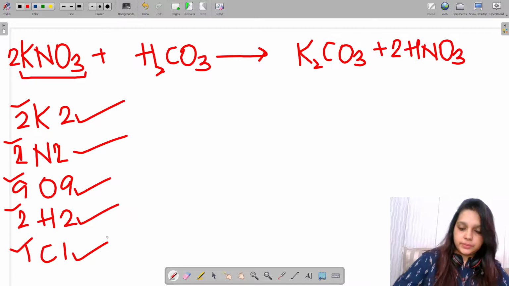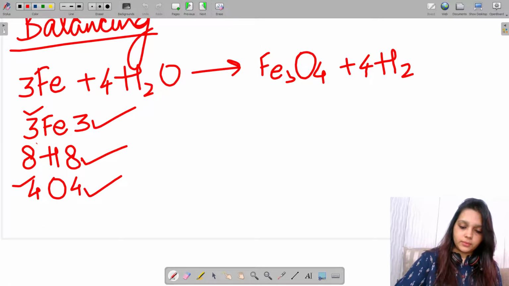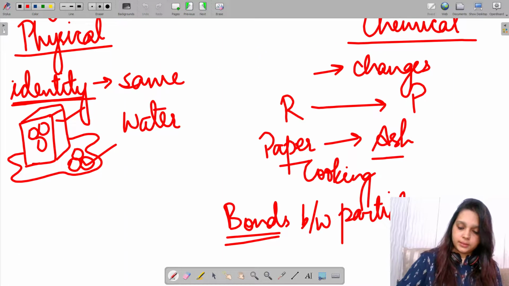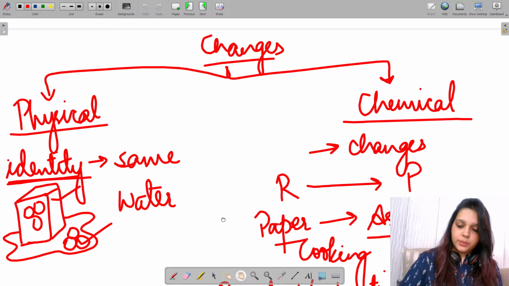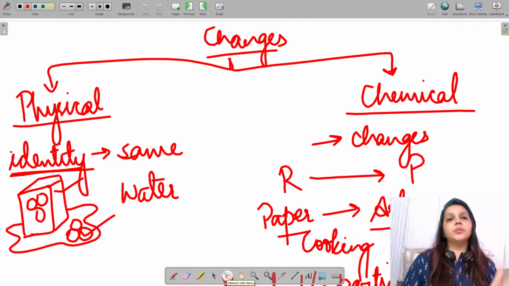So let's quickly go back to the revision part. We got to understand that there could be two different kinds of changes. One could be a physical change, the other could be a chemical change. A physical change only brings about a change in the physical form, not in the identity form.